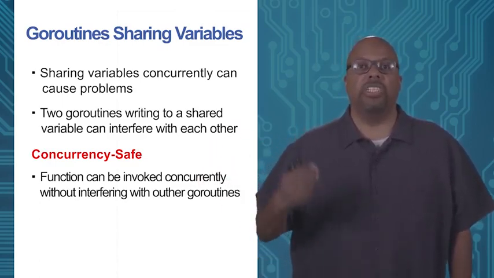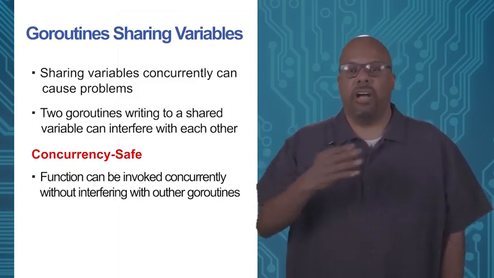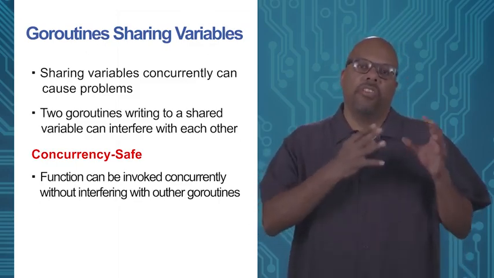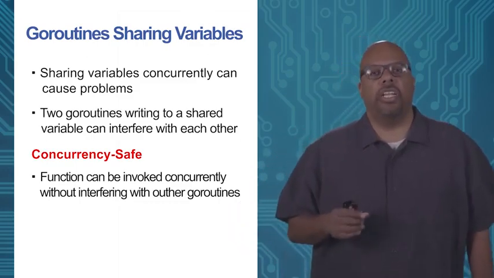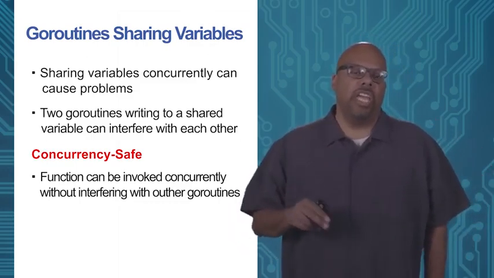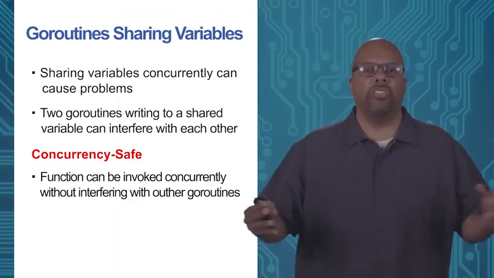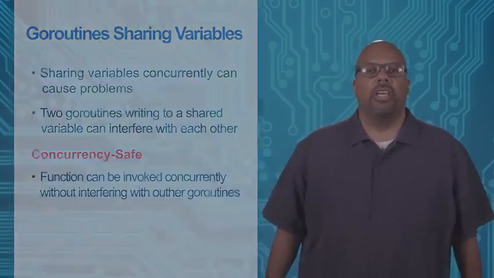Maybe the second Go routine didn't intend for that variable to be written by this first Go routine, and so the first Go routine can interfere with other Go routines. A Go routine function is said to be concurrency safe if you know that won't happen, that they won't interfere in these unsafe ways.